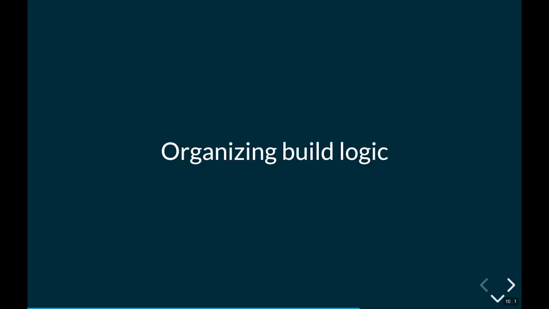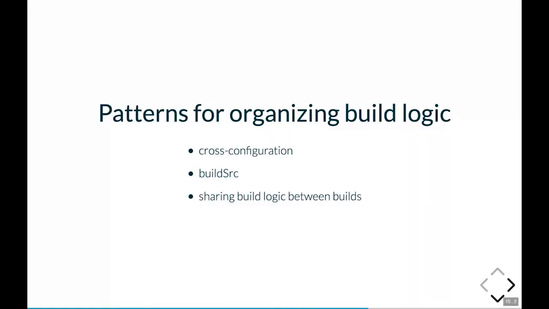All right, so now that we saw several aspects of customizing a build, we look at some patterns for organizing the build logic. We saw cross configuration first, moving things up in the project hierarchy to remove duplication.